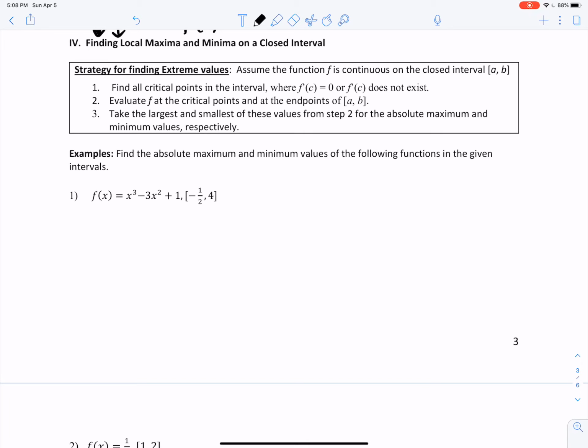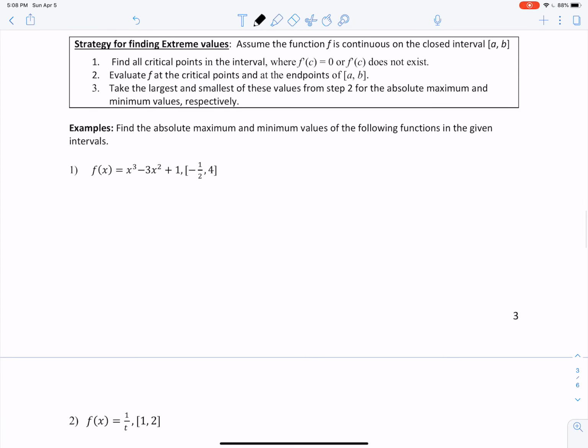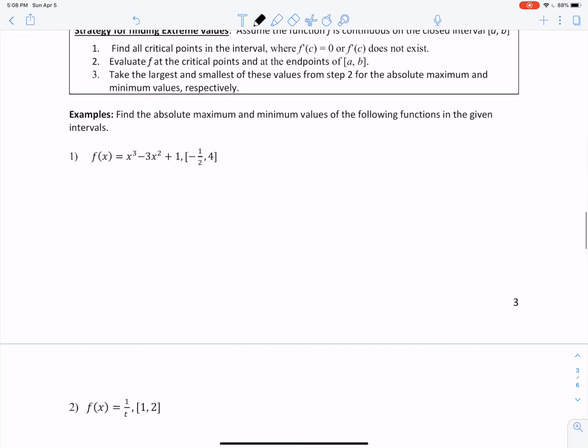We want to find the absolute maximum and minimum values for the following functions in the given intervals. So the first example is f of x equals x cubed minus 3x squared plus 1 on the interval negative 1/2 to 4. So our first step is to find all those critical points in the interval. So we want to take the derivative, find f prime of x.